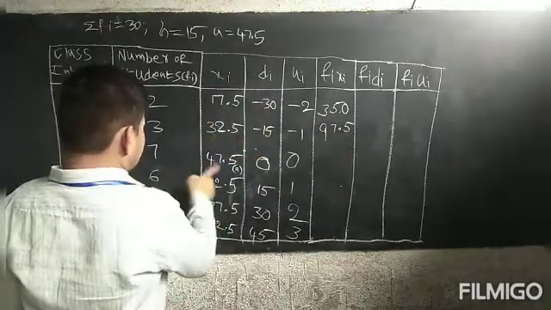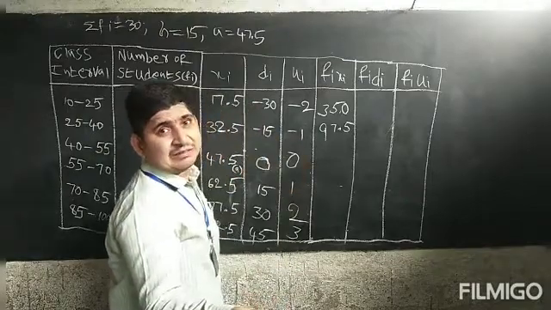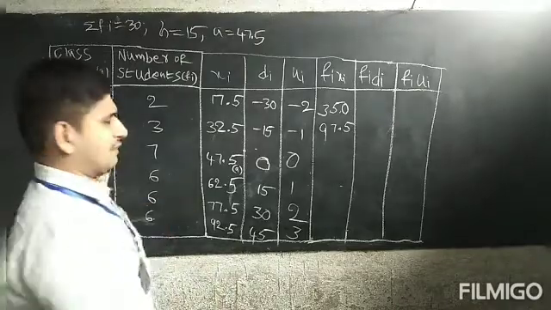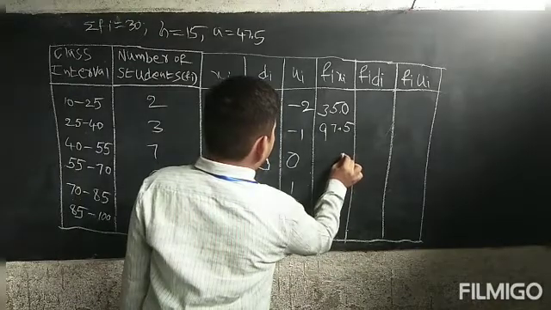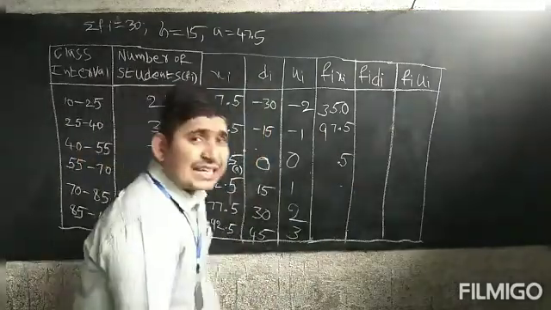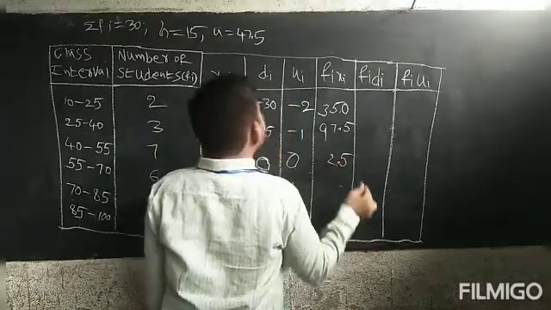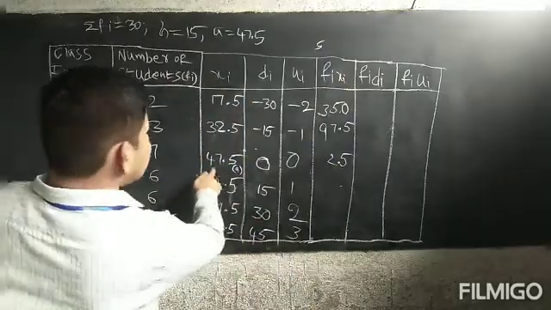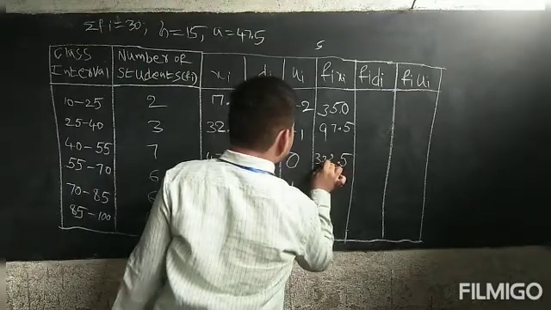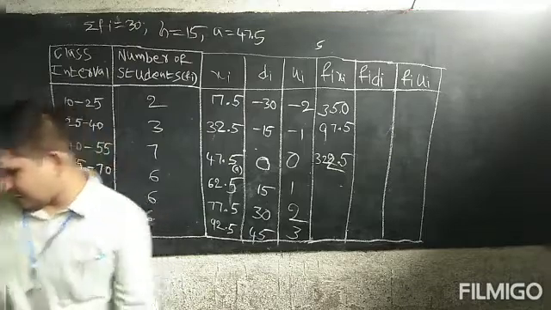Now 7 into 47.5: 7 fives are 35, 7 sevens are 49, 49 plus 3, 52, 7 fours are 28, 28 plus 5, 33. So that is nothing but 332.5.